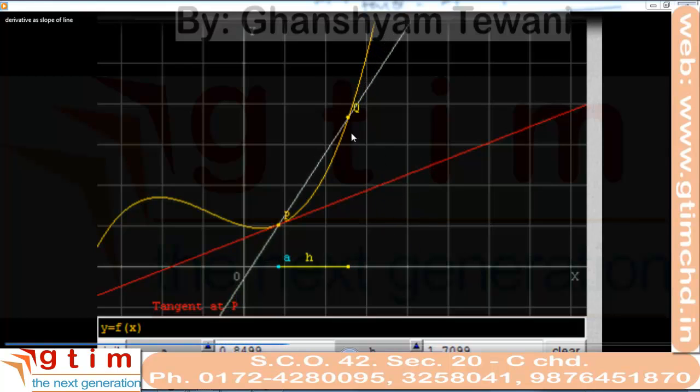You can see that point Q is slowly approaching P, and here the value of h is becoming smaller and smaller.